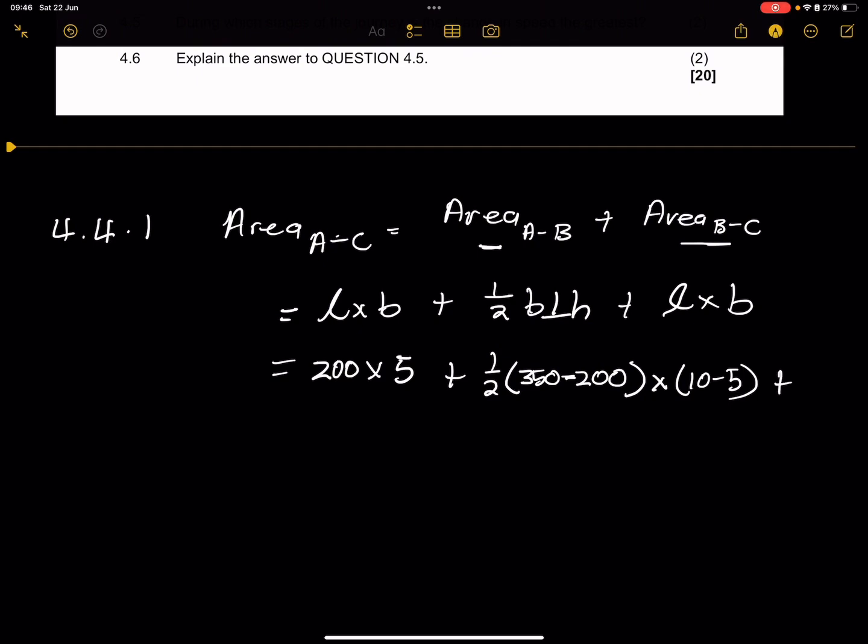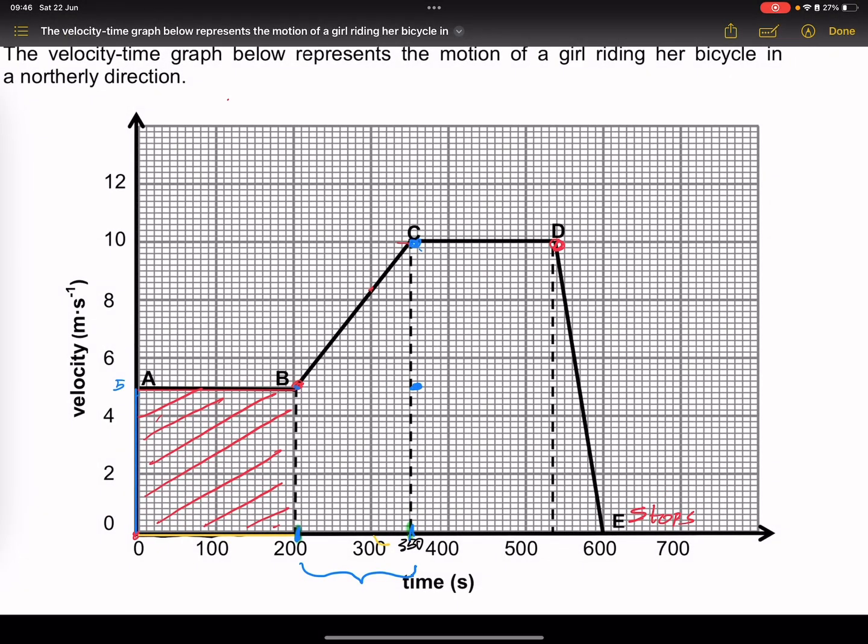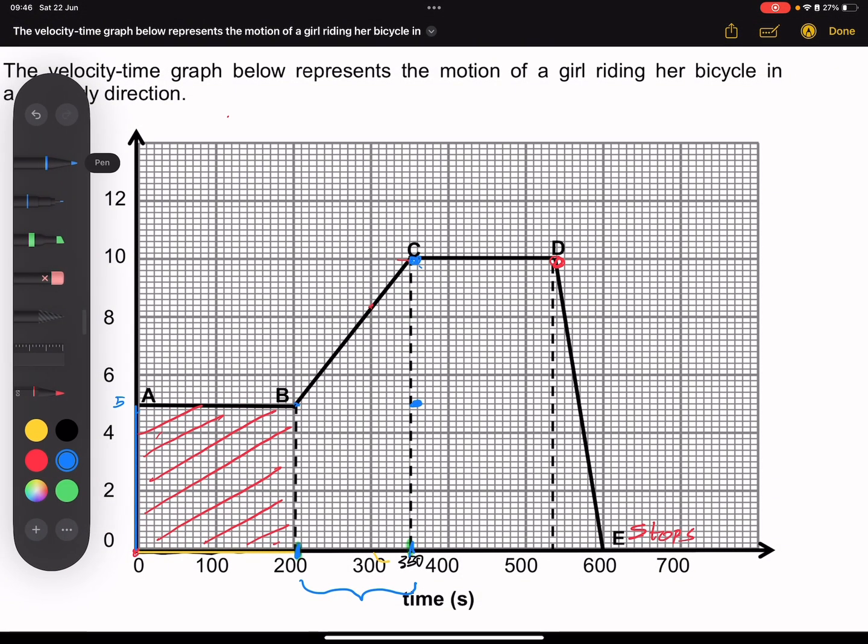Plus, now we said we're going to also take another length times breadth. There's our height of 5 again.